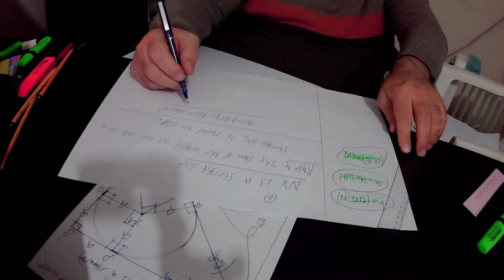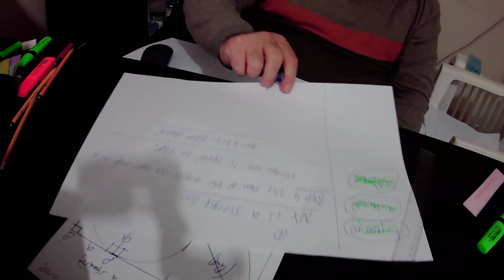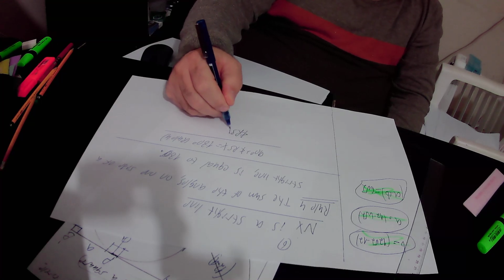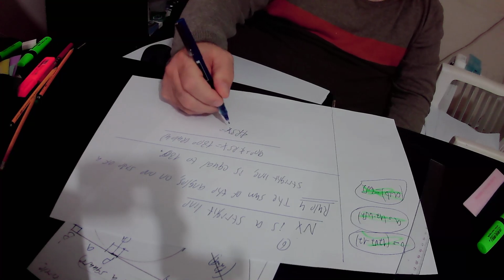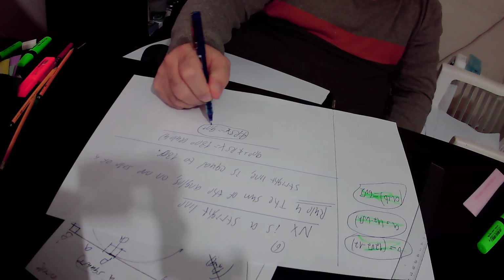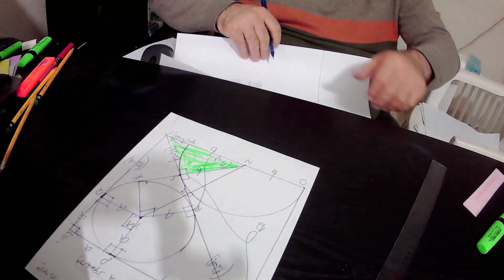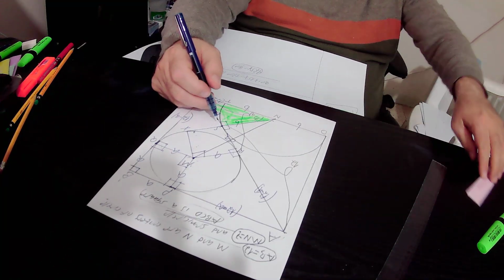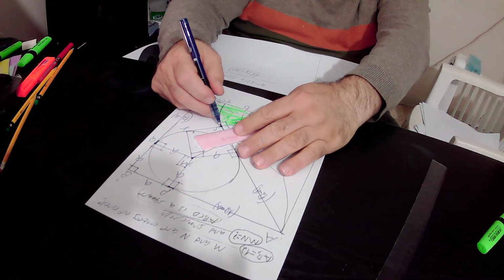Here we will subtract 90 degrees from this equation, and we will get that the size of angle RSX is equal to 180 degrees minus 90 degrees, which is 90 degrees. So we found out that angle RSX is a right angle, equal to 90 degrees.